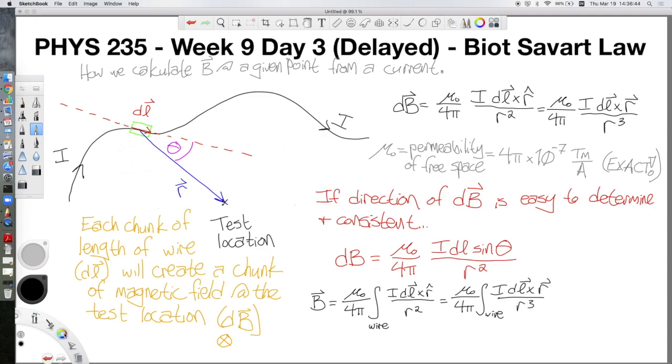Or, switching back to red, if we're just dealing with magnitudes, we would find the magnitude by mu naught over 4 pi times the integral, again, over the entire wire of, this time, I times dl times sine of theta over r squared. And again, this part will just tell you the magnitude.